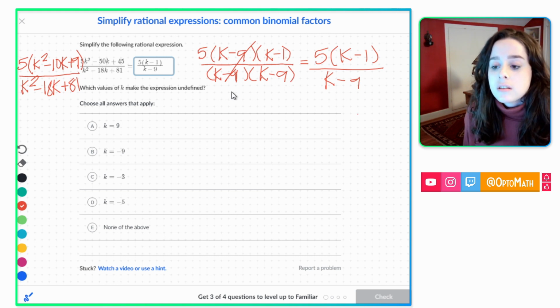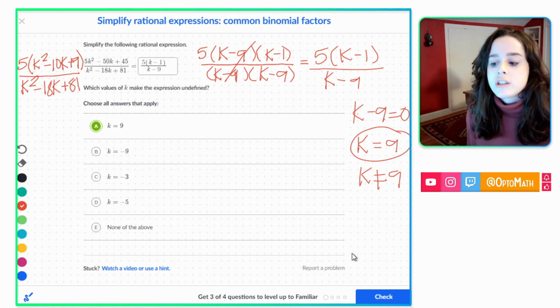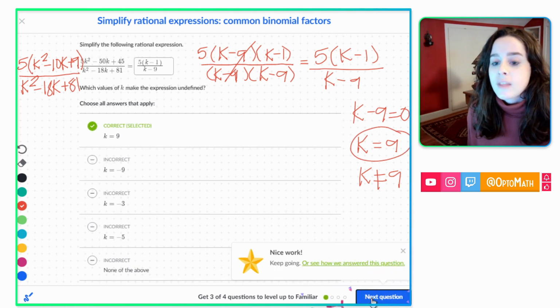And actually, since these are both the same thing, we only have one answer, but if they were different, we would have 2 answers. So k minus 9 equaling 0 gives us k equals 9, and of course we know that k cannot equal 9, because k equal to 9 is what makes it undefined. So let's check, and we're good.